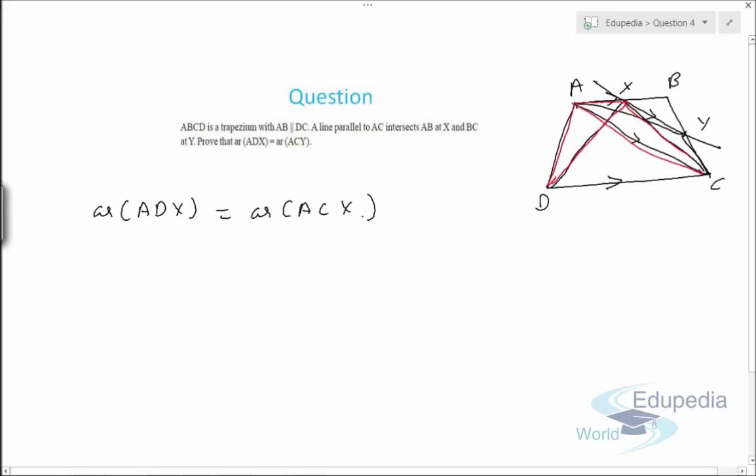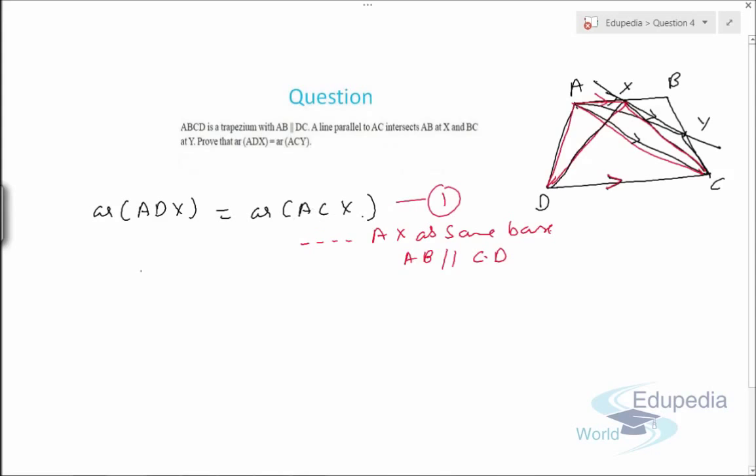So this is area of ACX. They both have the same base AX and this line is parallel to this line, it's given, so AB is parallel to CD. So area of ADX equals area of ACX. Let it be the first equation.